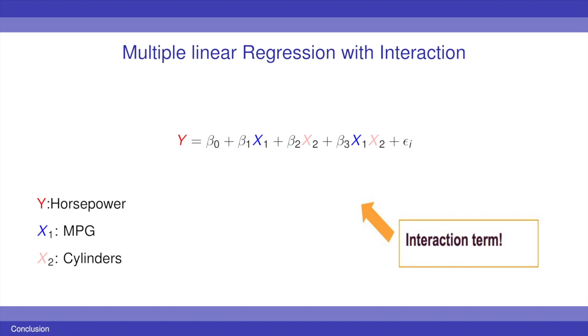We were able to estimate the betas using R. We estimated beta 0 to be roughly negative 0.79, beta 1 to be 2.84, beta 2 to be 30.86, and beta 3 to be roughly negative 1.09.